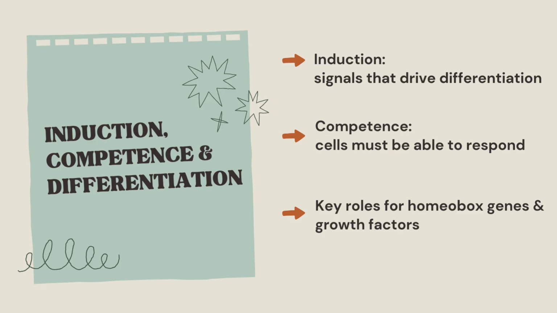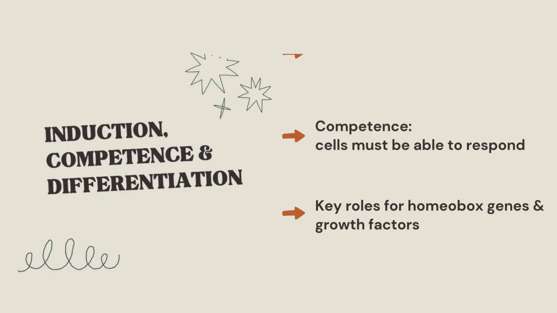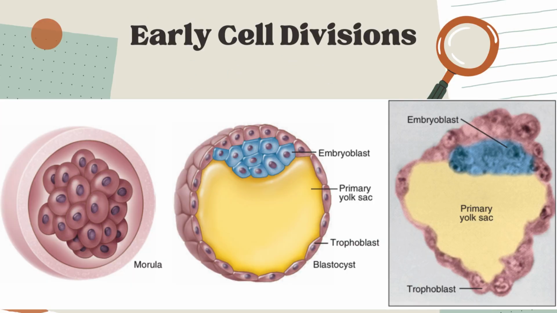Following fertilization, the zygote immediately begins rapid mitotic divisions. These early divisions do not increase the overall size of the embryo but instead create many smaller cells. By the third day, this compact ball of cells is called the morula.